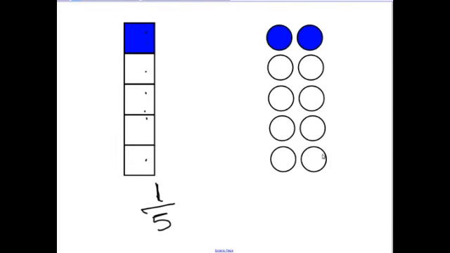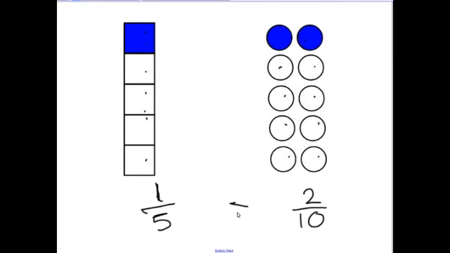In this second representation, we are not considering the fraction of one object, we are considering the fraction of a group of objects. If we want to know the proportion of these objects that are blue, we follow the same steps. We count how many objects there are, 1, 2, 3, 4, 5, 6, 7, 8, 9, 10, and the amount that are blue are 2, so it's 2 out of 10.